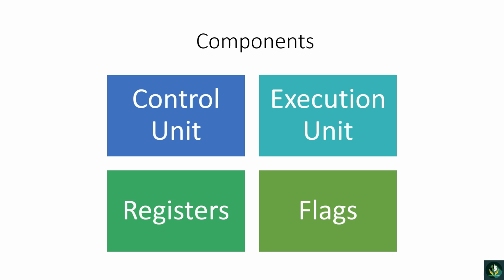The control unit is responsible for receiving and decoding the instruction and storing the data into memory. The execution unit is the place where the actual execution takes place. Registers are placeholder memory variables that aid the execution. The flag is used to indicate events with some execution which is taking place.